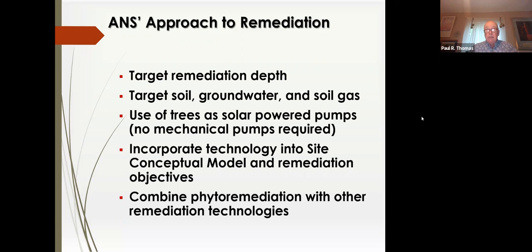And we do this with an understanding of where the contamination is on sites, what are the zones where groundwater is moving, and how do we need to combine our remediation methods with what's been done in the past or what's going to be done concurrently or in the future.